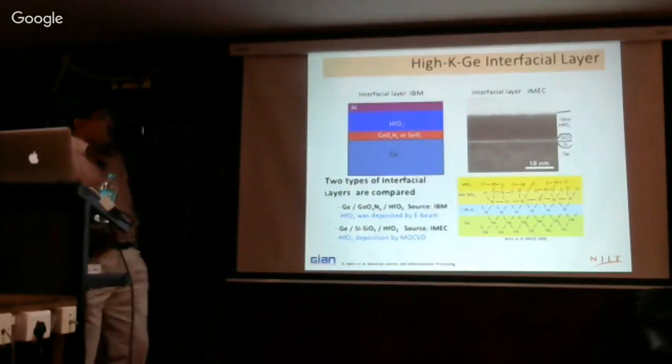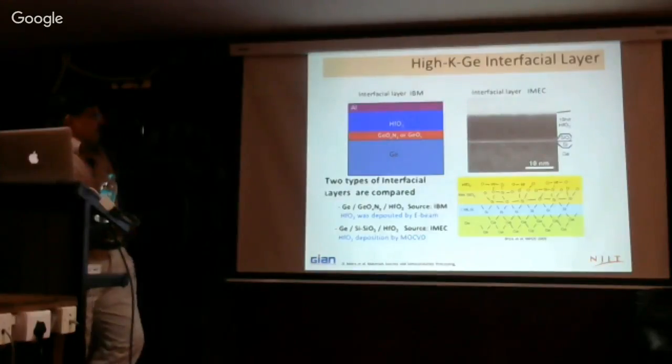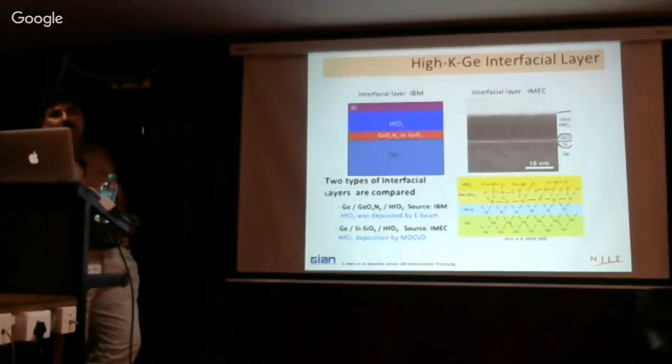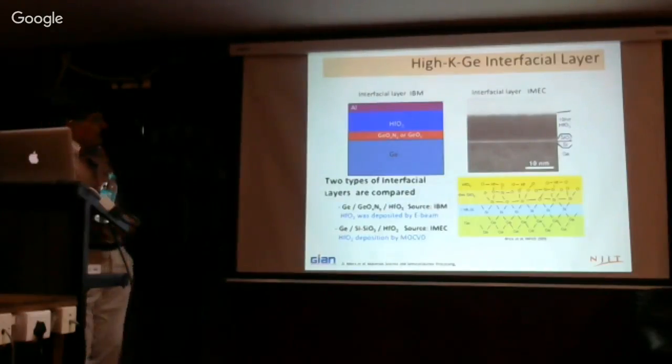And then another group, we worked with them. We got these devices to take some measurements. What they did was put on top of the germanium a few monolayers of silicon, and oxidize that silicon film to make silicon dioxide. And then deposited hafnium oxide on top.